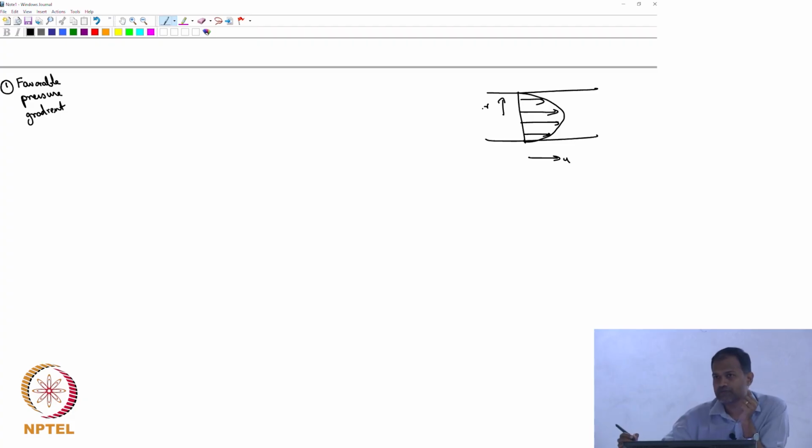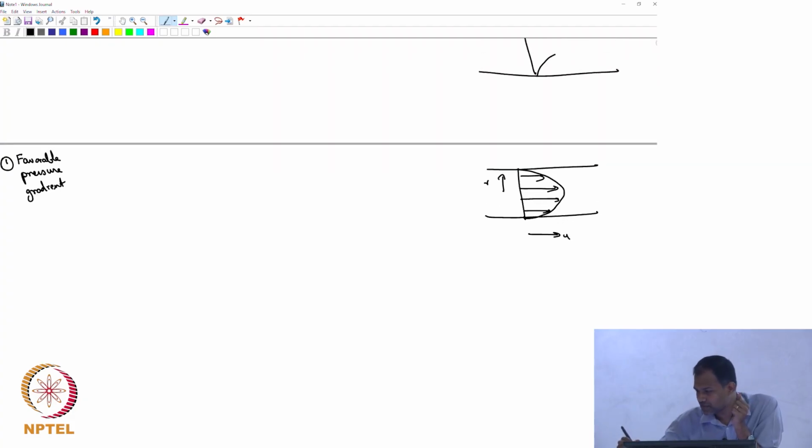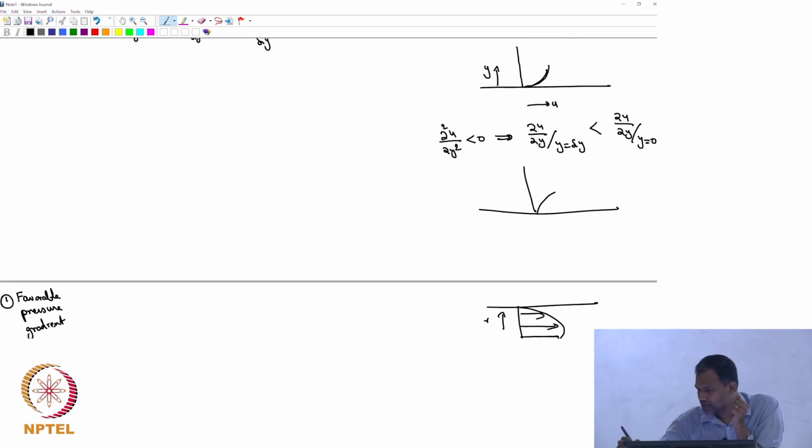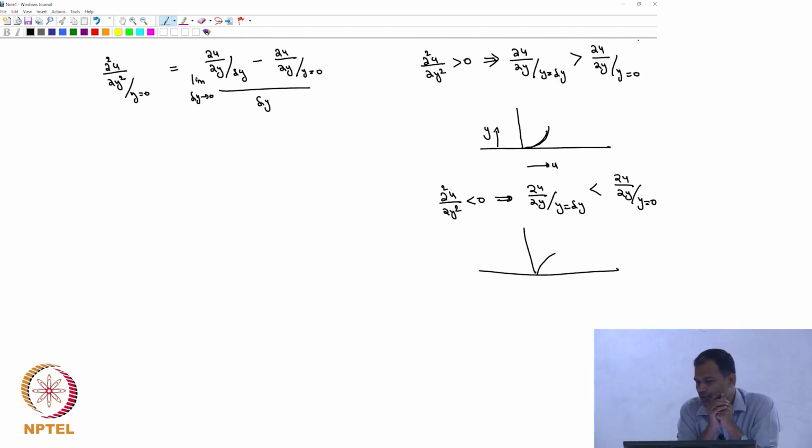Did I draw it wrong? So let's look at the first case. We have ∂u/∂y. This is my y equals 0, here my slope is smaller, there my slope is larger, because if there is a small change in y, u changes a lot here, correct. This is okay.